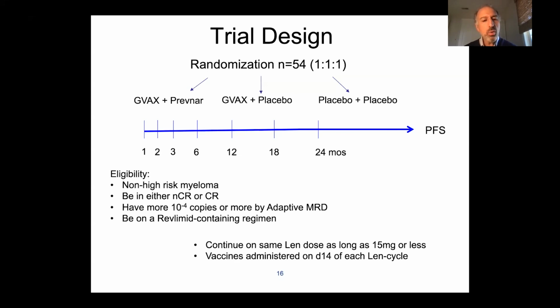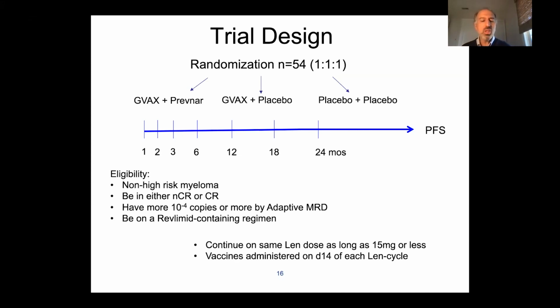And we are only accruing patients that have 10 to the -4 or more copies. And the reason for that, and I sort of glided over it when I showed the data earlier, is that those are the patients that have a significantly higher likelihood of relapse. And so we wanted to design the trial in a way that we would actually be getting a relatively quick answer. And so that's why we have the 10 to the -4.